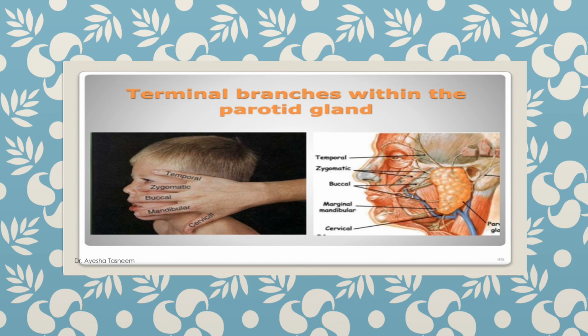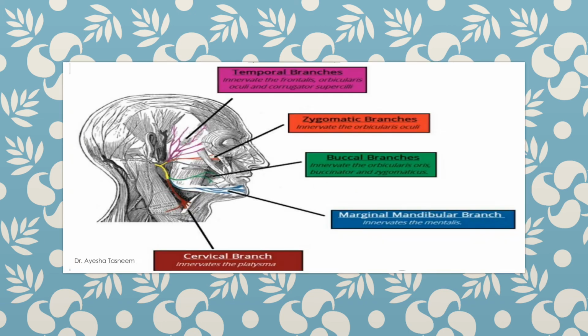The temporofacial gives two branches, that are the temporal branch that innervates the temporal region, and the zygomatic branches that arise from temporofacial nerve.